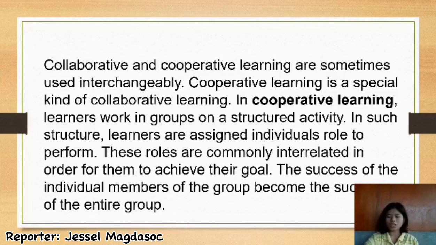For example, in a group activity composed of four members, two members will be assigned to answer the question. One of the members is good at writing, so she or he is assigned to write their answer on Manila paper. The other one is good at explanation, so he or she is assigned to elaborate their answer. Based on the example, students have different roles but have one goal.